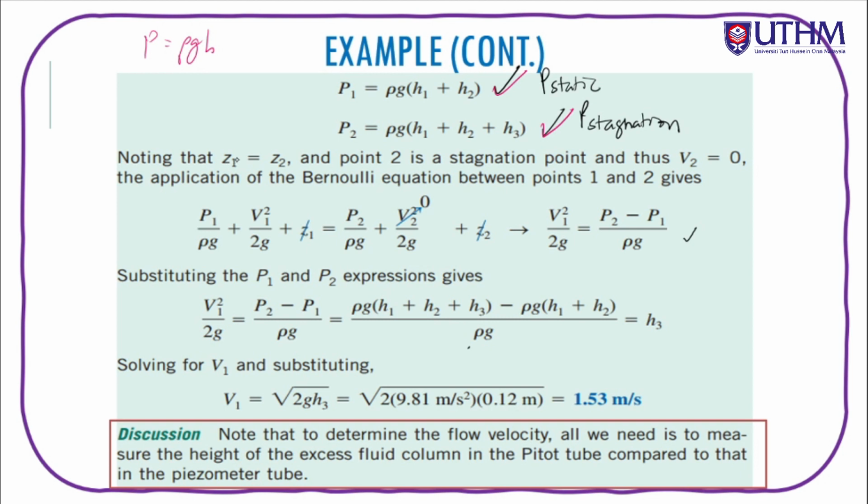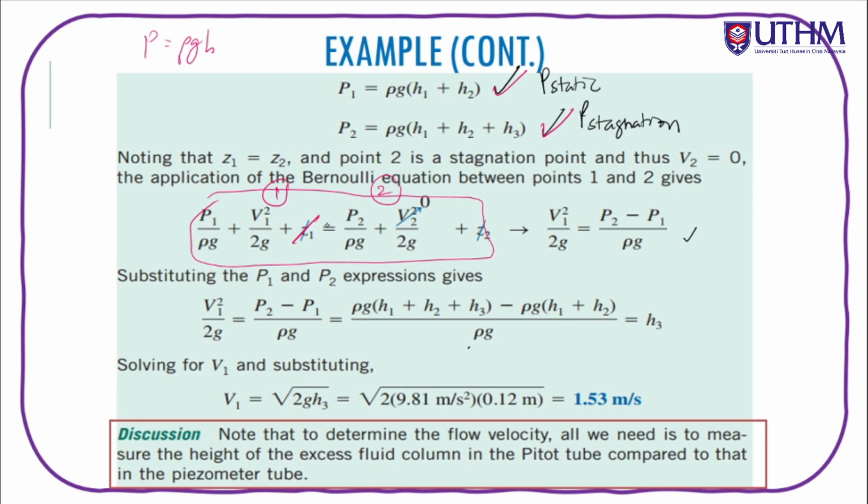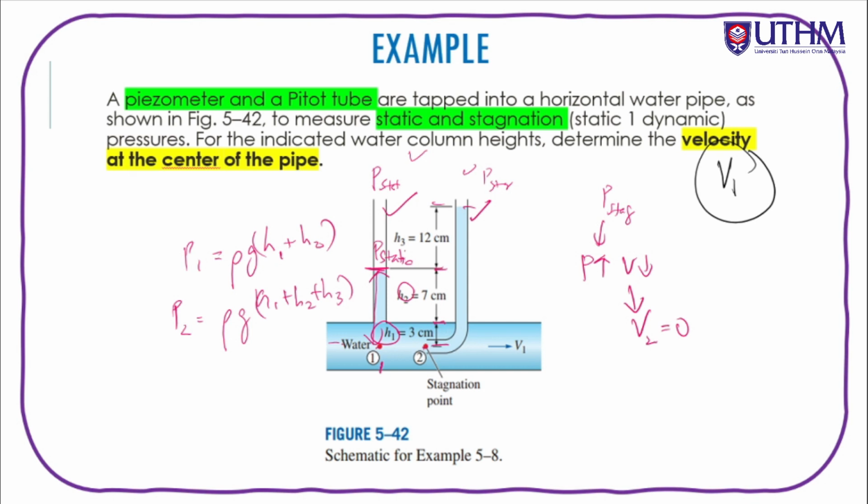So noting that Z1 equals to Z2, so kita guna equation Bernoulli. Bernoulli kita tahu kan, yang ni bila kita samakan position 1 and position 2. So since Z1 and Z2, ni position 1 and position 2, so dia tak ada elevation kan. So kita cancel out Z1 and Z2, and also V2 is 0 macam saya cakap tadi, dekat P stagnation sini V2 equals to 0.